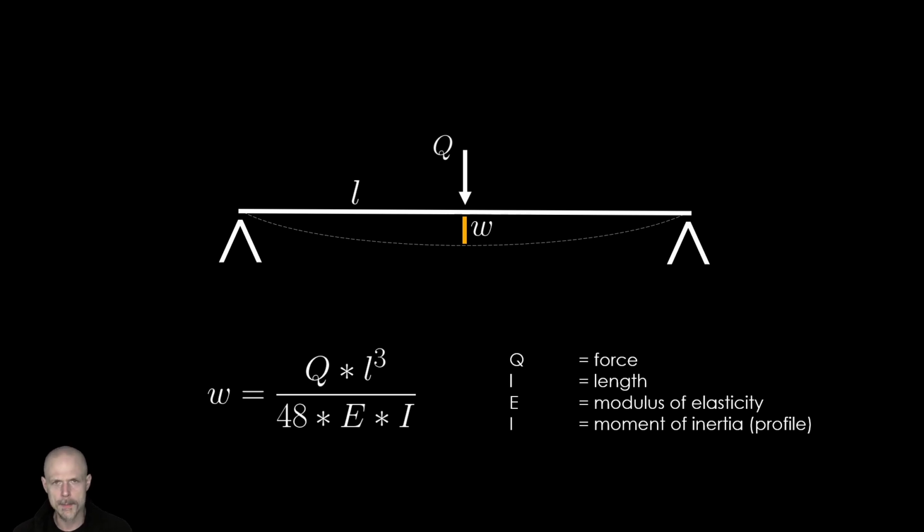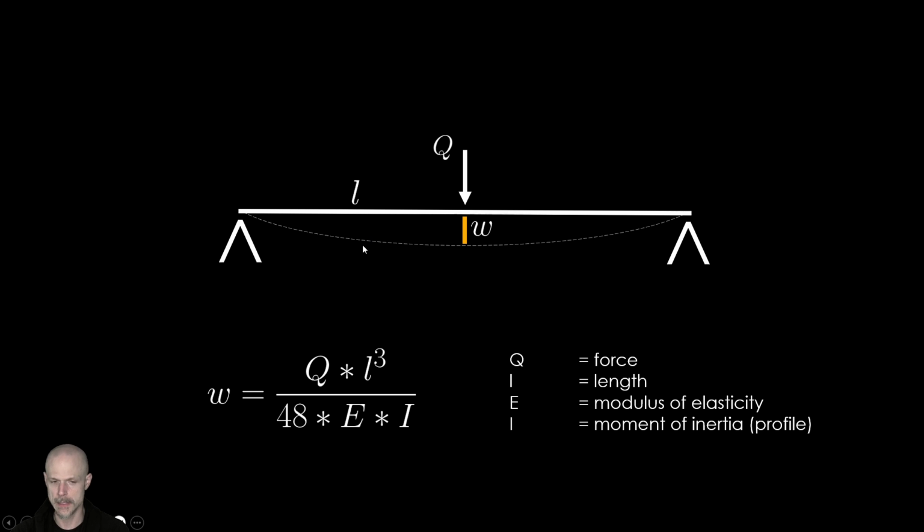Now, why am I showing this? If you look at the length L, which is the length of the beam, and then look at this formula, you see there's L to the power of 3, and W on this side.